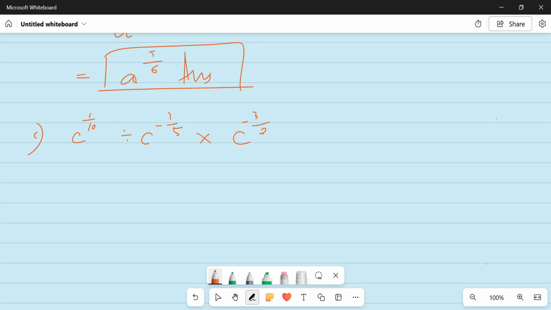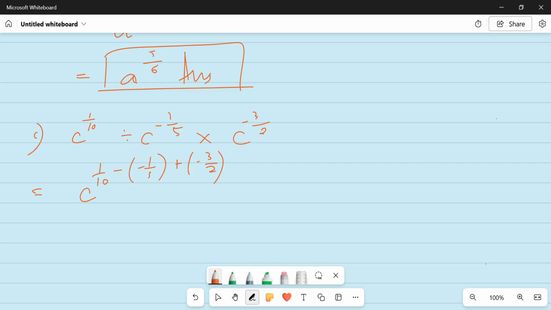Now all the exponents are in a rational form, or you can say in a fractional form. Here all the variables are the same, so we can take c common. 1 over 10, divided into minus, and we have another one in the minus, so I'm putting it in the bracket, and we have a plus sign here, and this one is minus 3 over 2.